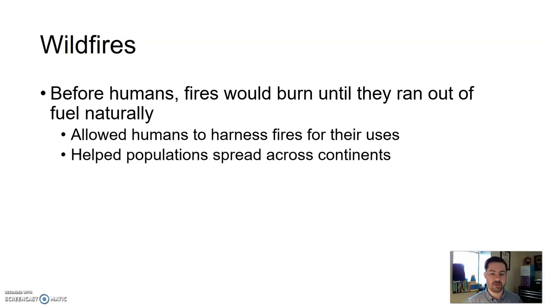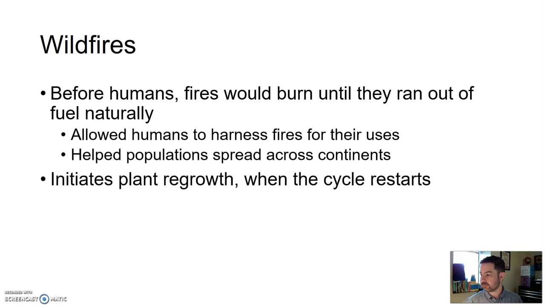It helped populations spread across continents, not only by burning out areas that then made them passable to go through, but also because of fire, now you can cook, now you can harness the proteins in meat as you cook it, you can see at night, etc.